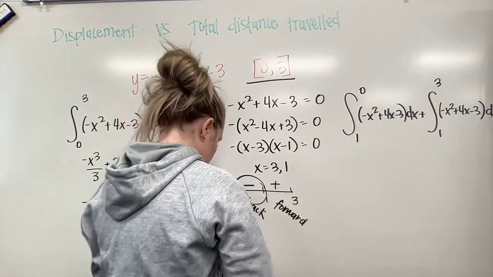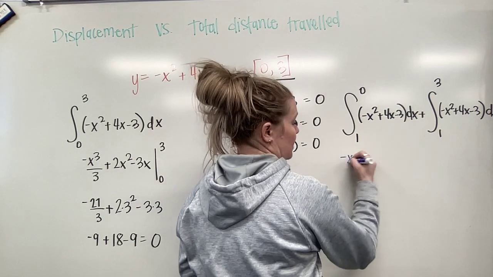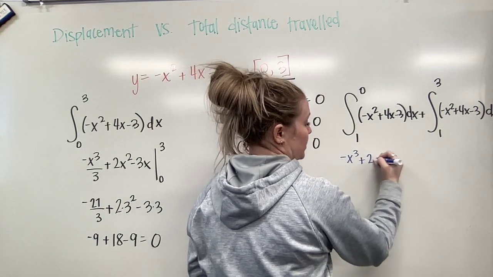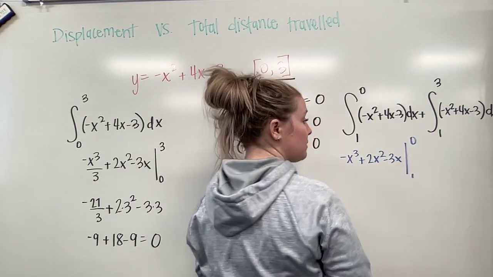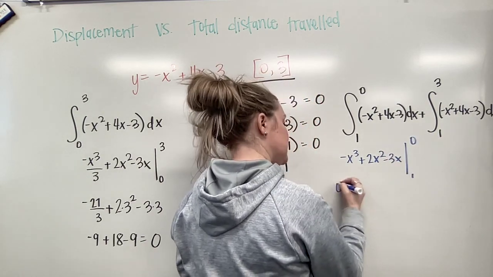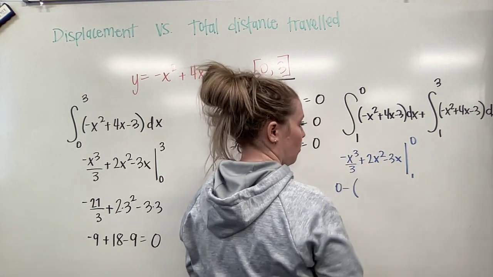All right, so now I just have to evaluate this. I'm going to have negative x cubed over 3 plus 2x squared minus 3x evaluated from 1 to 0. If I plug in 0, that is 0. And now I'm going to plug in 1.